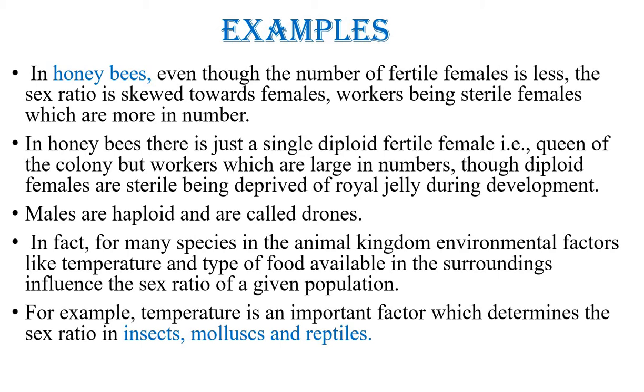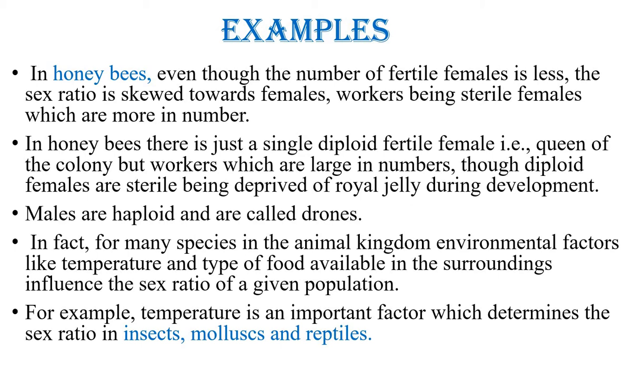Only the female individual which will later develop as the queen can get royal jelly during the developmental period. The males are haploid and are called drones.